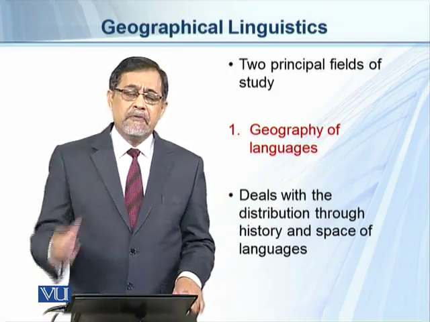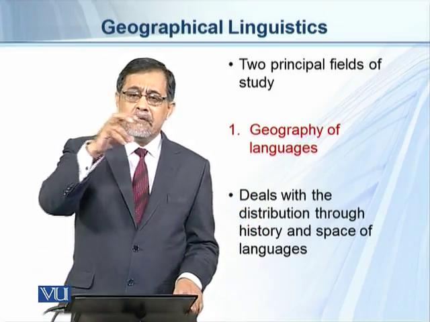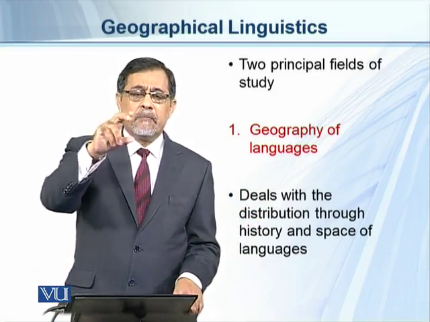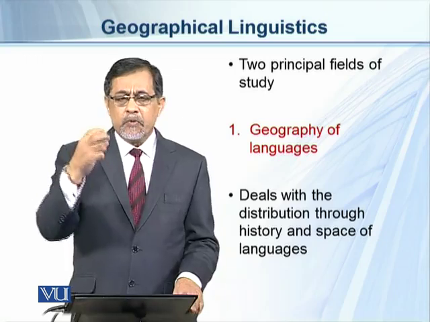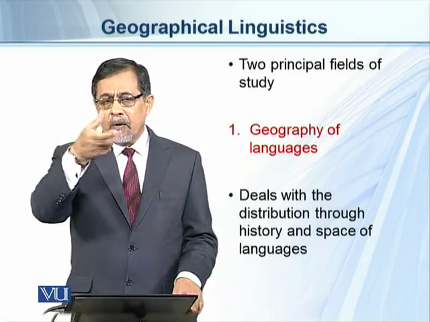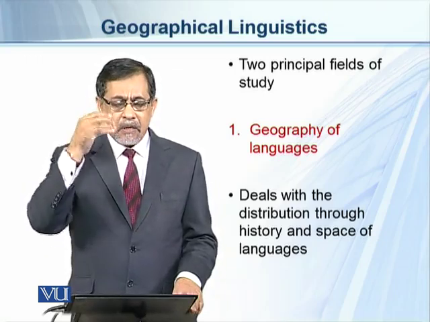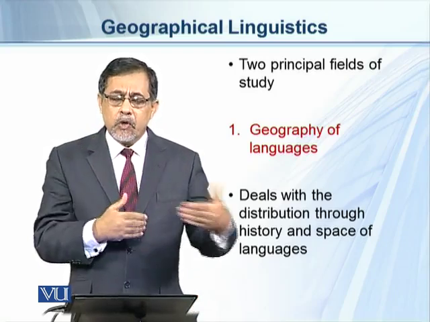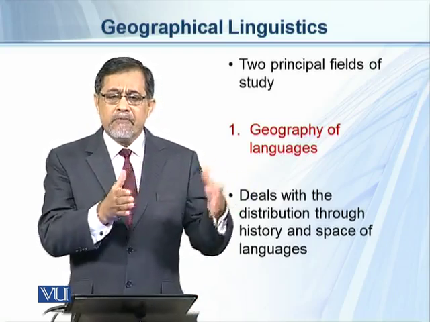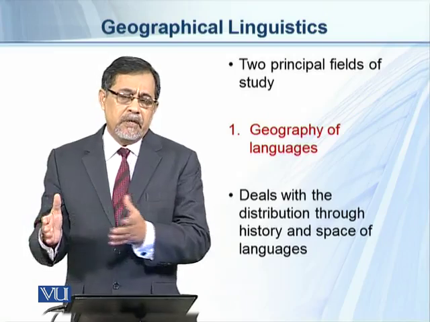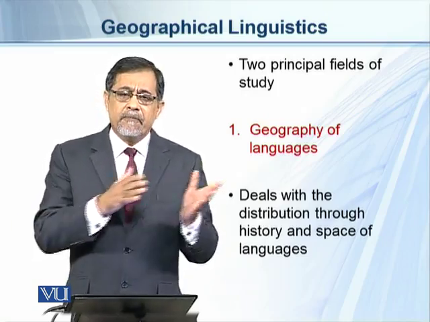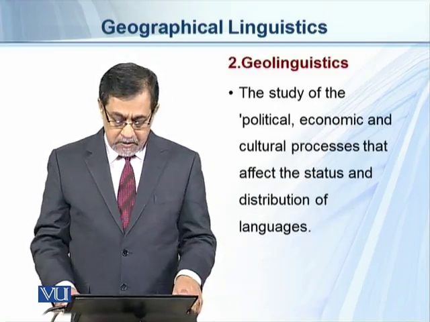For example, if we are discussing the different branches of the Proto-Indo-European family, we can discuss how one mother language was divided into daughter languages on the basis of their culture and on the basis of their space or areas.